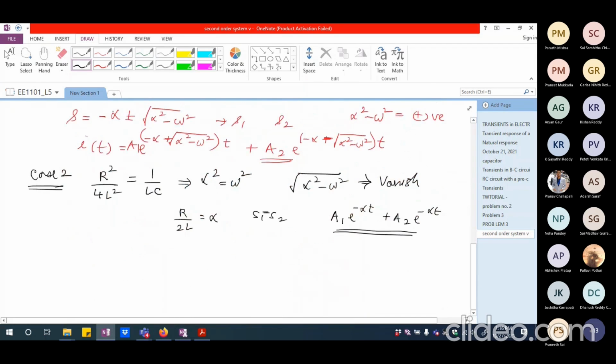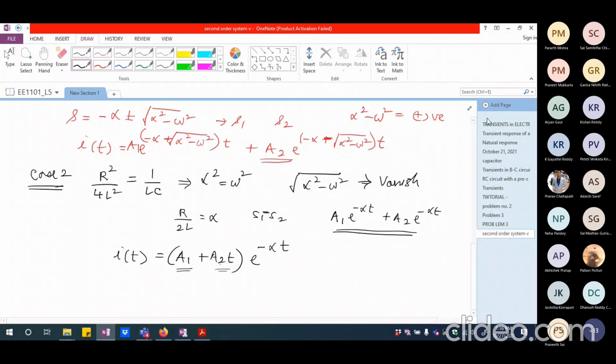And that is the reason mathematically we mention this as I of t equal to A1 plus A2 times t multiplied by e power minus alpha t. This is the generalized solution normally we will write, because when you are doing the second differential, this will automatically become A2 times e power minus alpha t. So we will be getting A1 with I of t at t equal to 0, and A2 by using di by dt at t equal to 0.